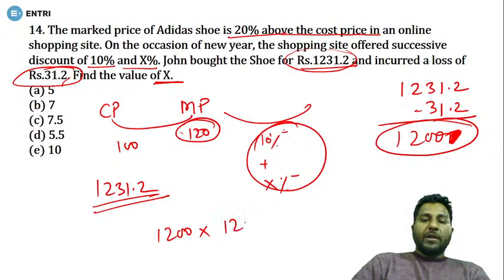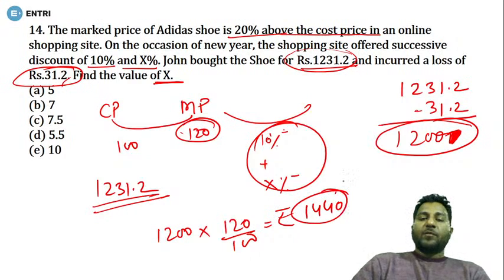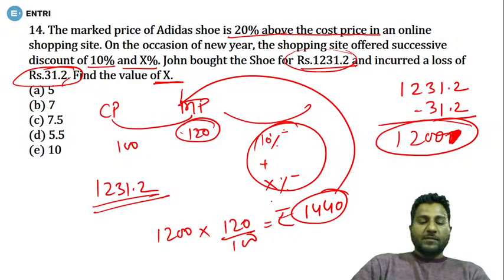Okay, 120%. That means it must have been 1440. What? MRP. Okay, MRP must have been 1440. And it is sold at what? 90%.